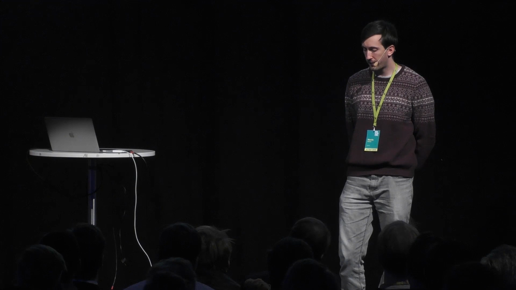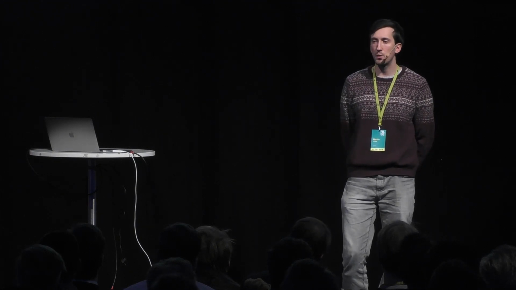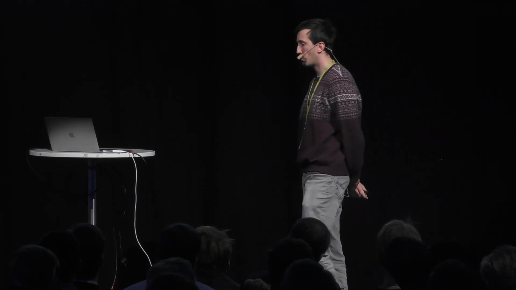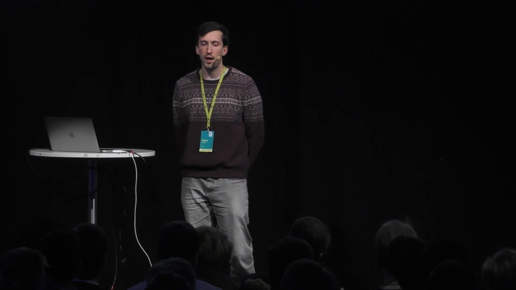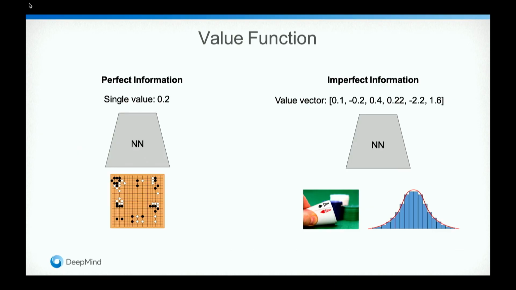So in imperfect information games, not only do I put this observation as an input to my value function, I also put some distribution over these possible states sharing the same observation. So this is the crucial difference in value function for perfect and imperfect information games.